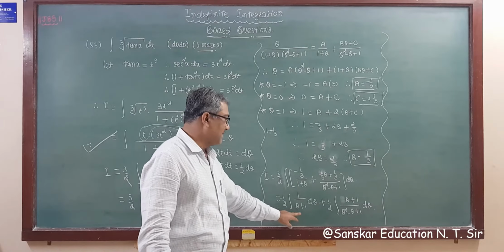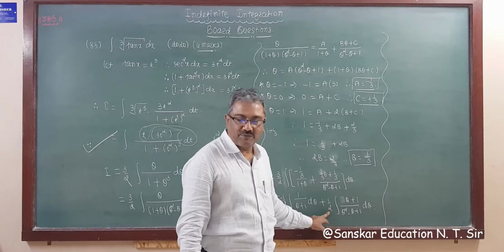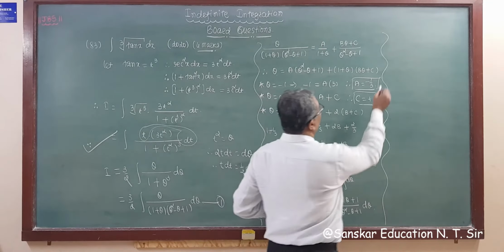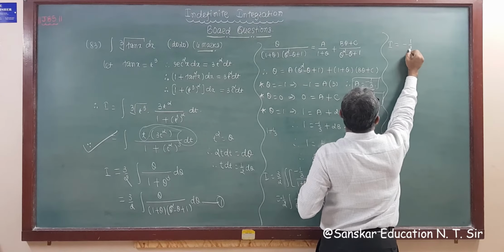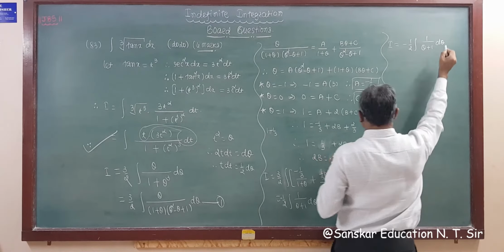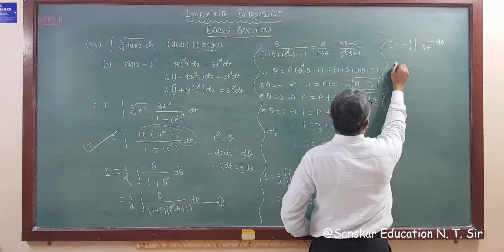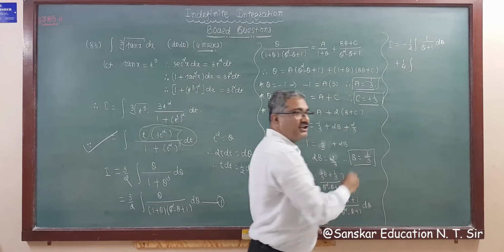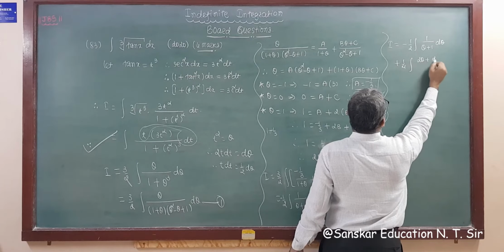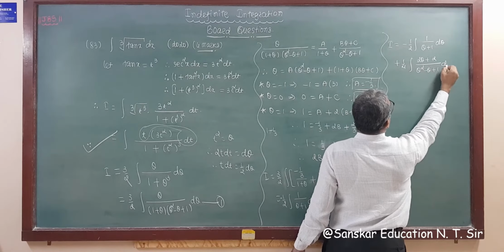Okay, now the derivative of theta square is 2 theta, so dividing and multiplying by 2, we get 1/4 here, right? So this will be -1/2 integration 1/theta plus 1 d theta, and then plus 1/4, we multiply by 2 and divide by 2, so 2 theta plus 2 whole upon theta square minus theta plus 1 d theta.